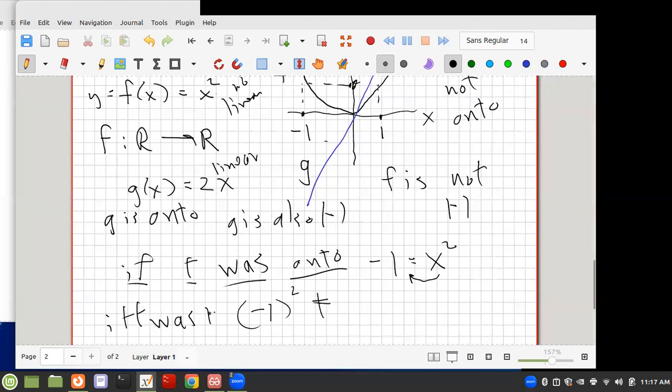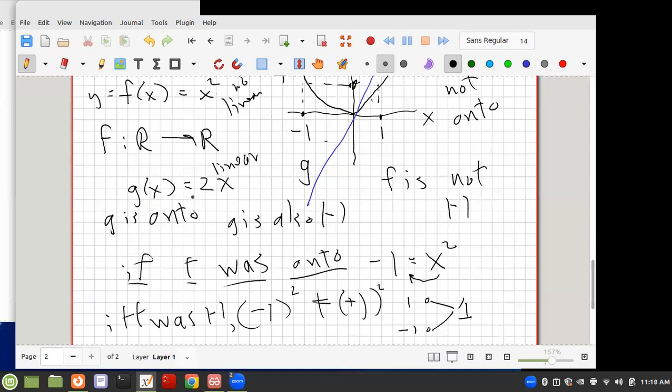If F was 1 to 1, then 1 squared would not equal -1 squared, because these are two different values that go to the same target. And the same thing, 2 and -2. So x squared is neither 1 to 1 nor onto, whereas G is both 1 to 1 and onto.